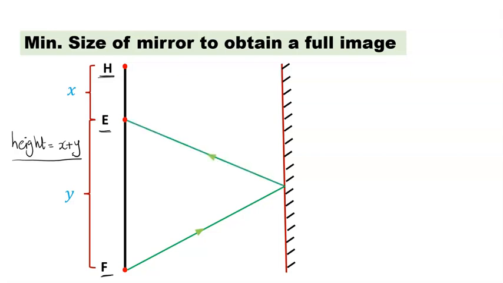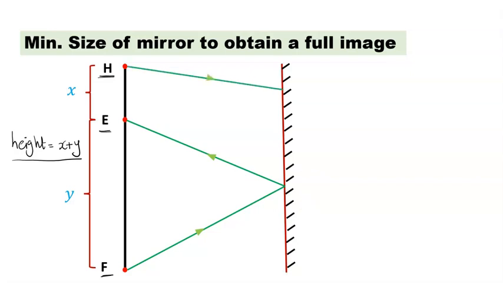So that person can see his or her foot even without having this part of the mirror, right? Even if this part of the mirror is not there, the person can see his feet. Obviously if he can see his feet, then he can see all the region between the eyes and the feet.